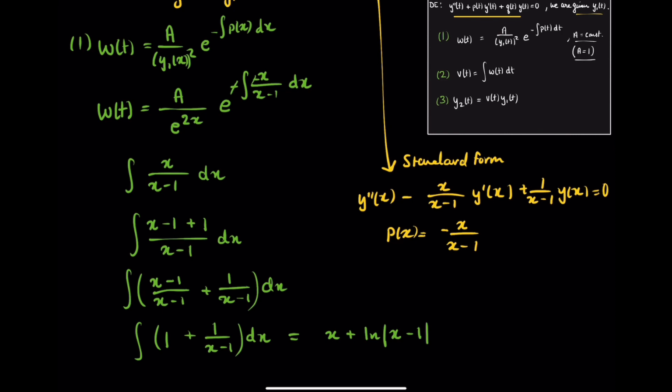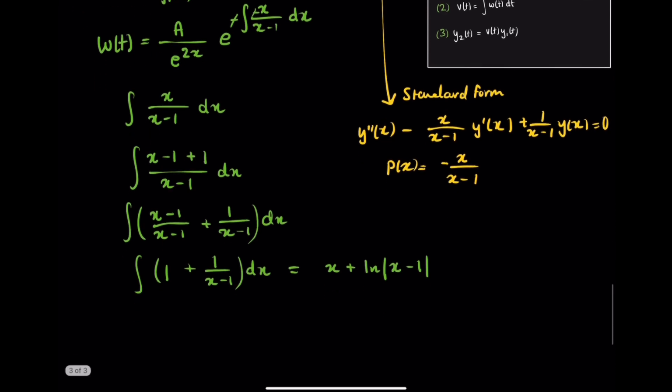So therefore we can say that W(t) is equal to a e^(-2x) times e to the integral, and the integral evaluated to x + ln|x - 1|.